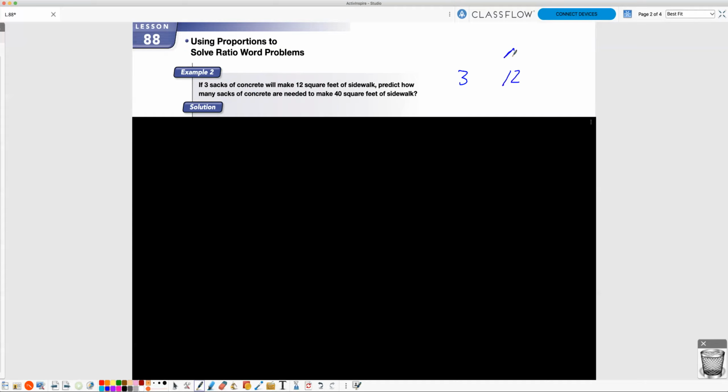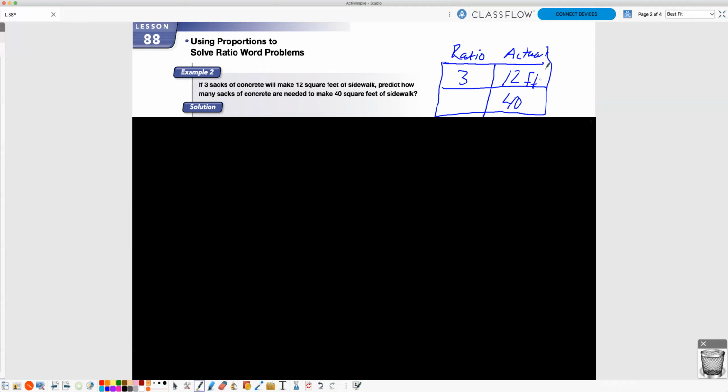So this is an actual count. So we have got to put that in the actual box, and this would be a ratio. If we're looking at this in the sense of a ratio, it's 3 to some amount will make actual count of 12 feet. Now we're looking for what will make 40 square feet of sidewalk.